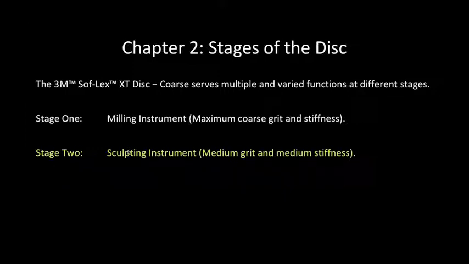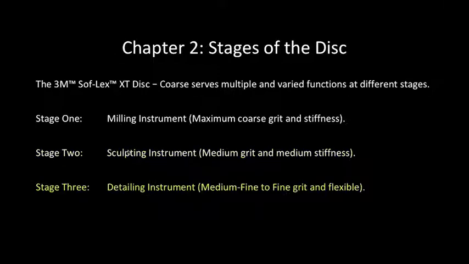The disc has lost some of the coarse grit, so now it's more of a medium grit, and the stiffness has softened to a medium stiffness. Stage 3, the final stage of the disc, is when we use it as a detailing instrument. At this point the grit has transitioned to a medium fine to fine grit, and it has maximum flexibility.